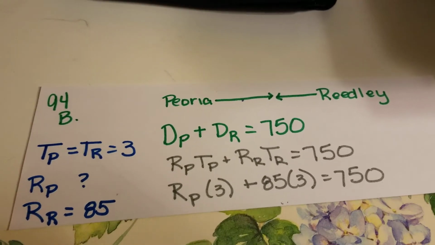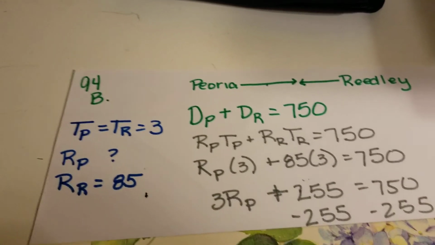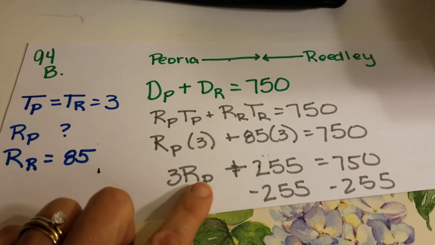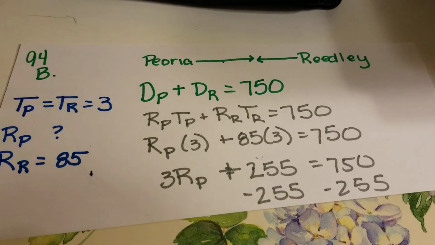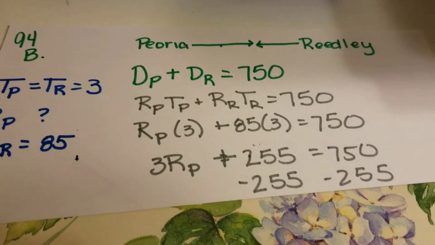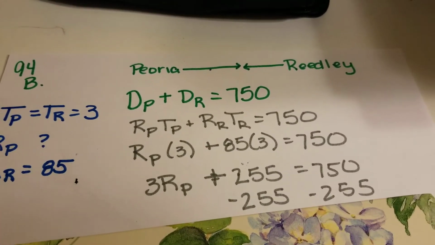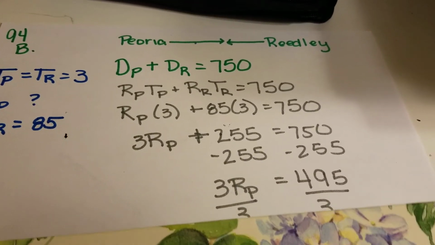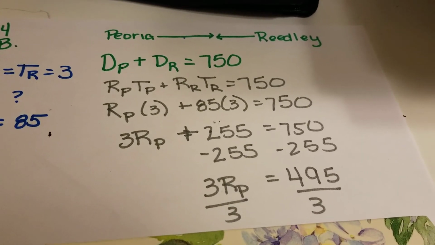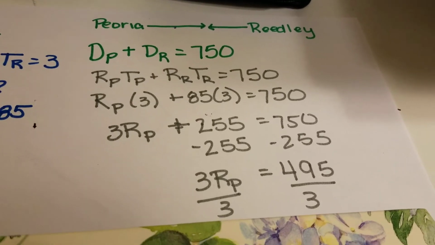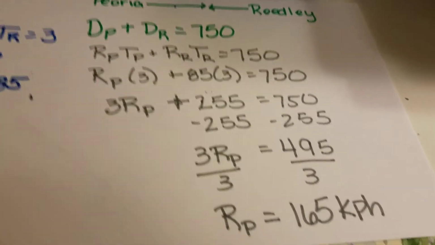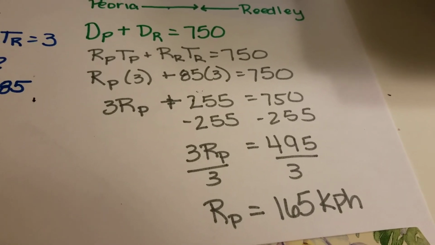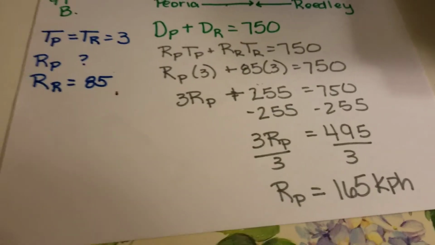You can simplify a bit and I end up with 3 RP plus 255 equals 750. Subtract the 255 from both sides, and I get 3 RP is equal to 495. Divide both sides by 3. So RP is equal to 165 kilometers per hour, and that's the rate of that first train.